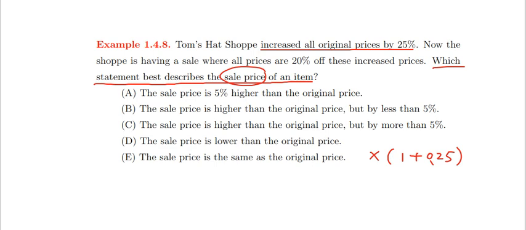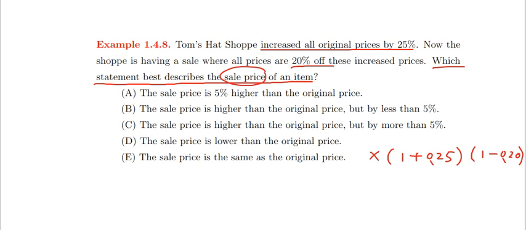Now the shop is having a sale where all prices are 20% off. So 20% off means multiply by 1 minus 20%.